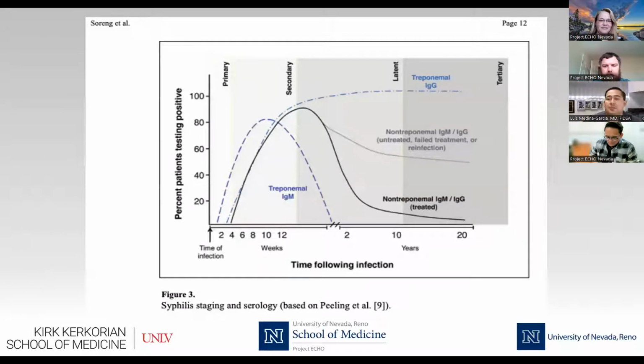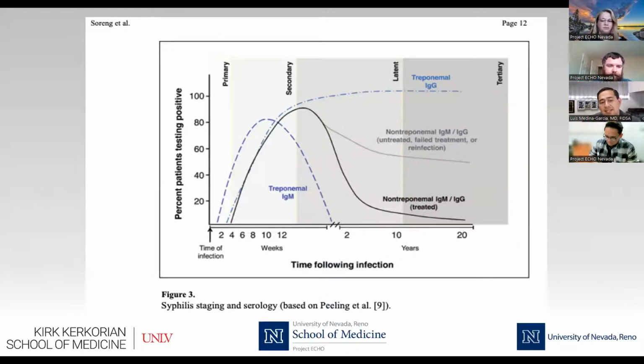And so this is a visual representation of those antibody levels and why sometimes if you test too early, like in primary cases of infection, you may have a negative treponemal test. And so as you can see, the longer it takes, in the primary stage you have about 2 to 3 weeks. In the secondary syphilis stage, you have about 4 weeks to a year.